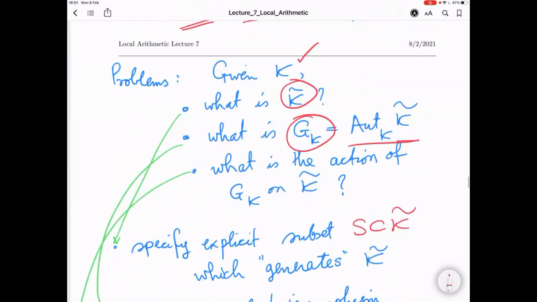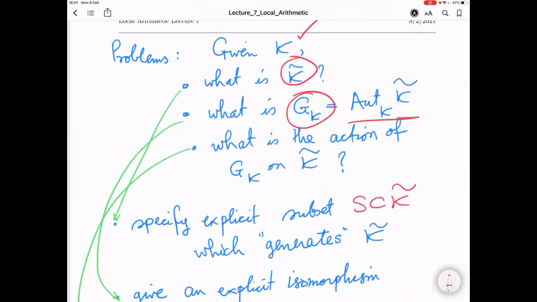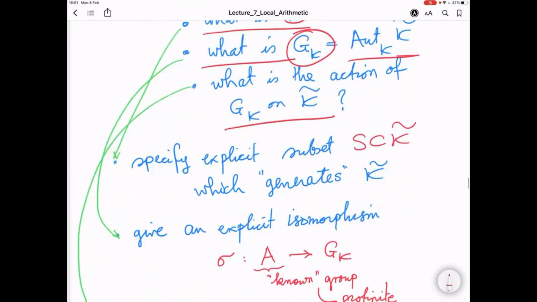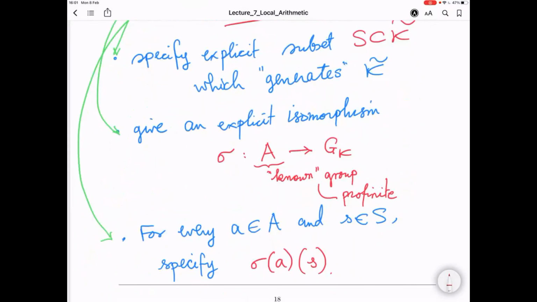But the problem is, given your field K, you want to explicitly determine what K tilde is, what this group G_K is, and what the action of G_K on K tilde is. More precisely, these three questions amount to the following.